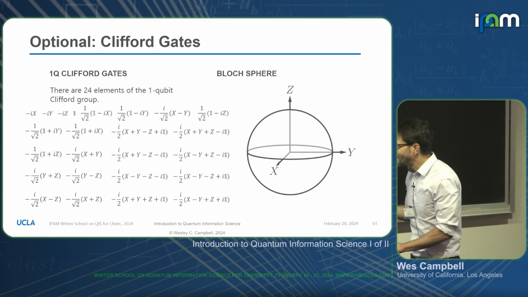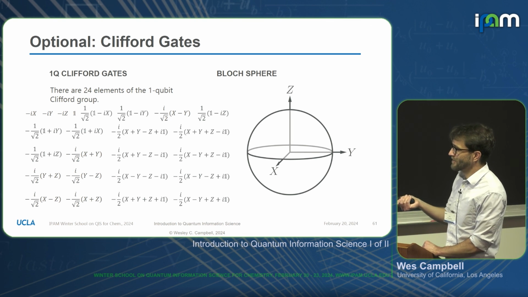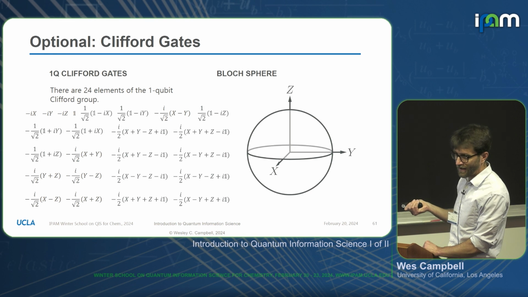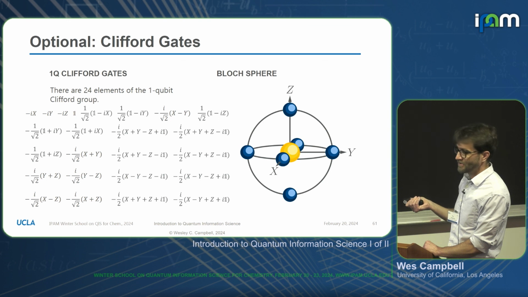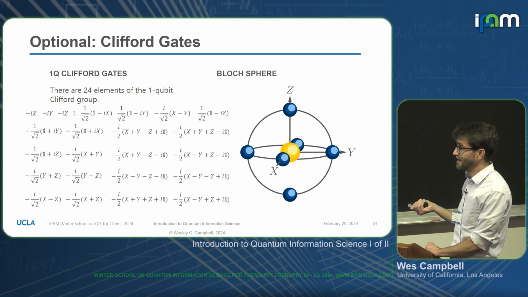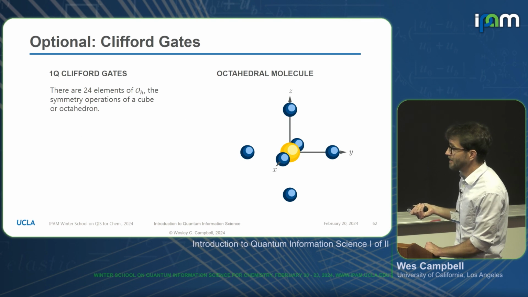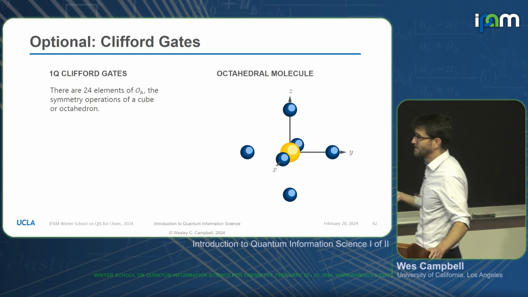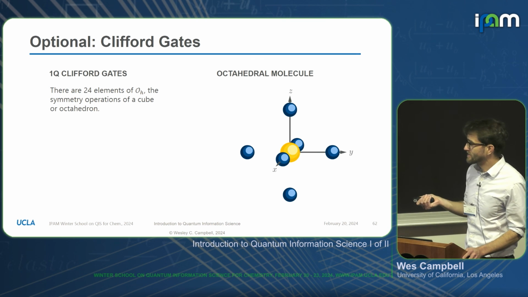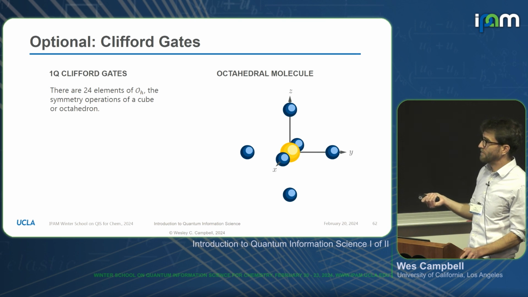Now these operations that I did on this sphere, for those of you with a chemistry background, you may have thought of something else that has the same symmetry, which is an octahedral molecule, like SF6, or even a cubic molecule. This has the same sort of symmetries as the Clifford group. In terms of the notation you may be familiar with from PChem, this is called Oh, the octahedral group.